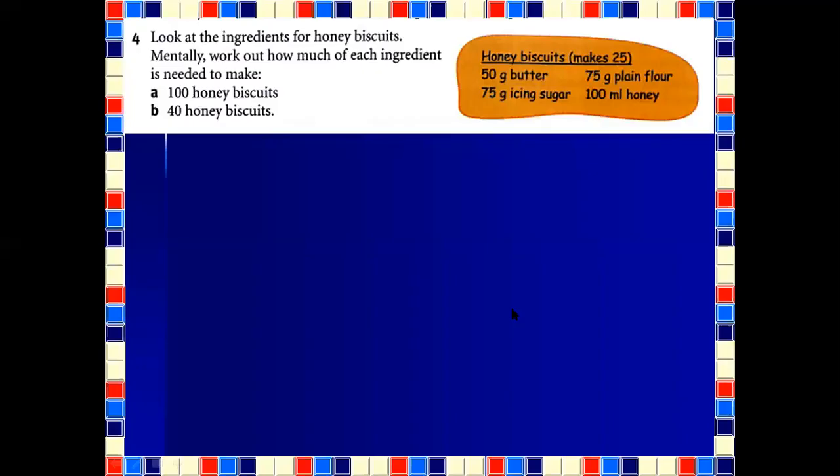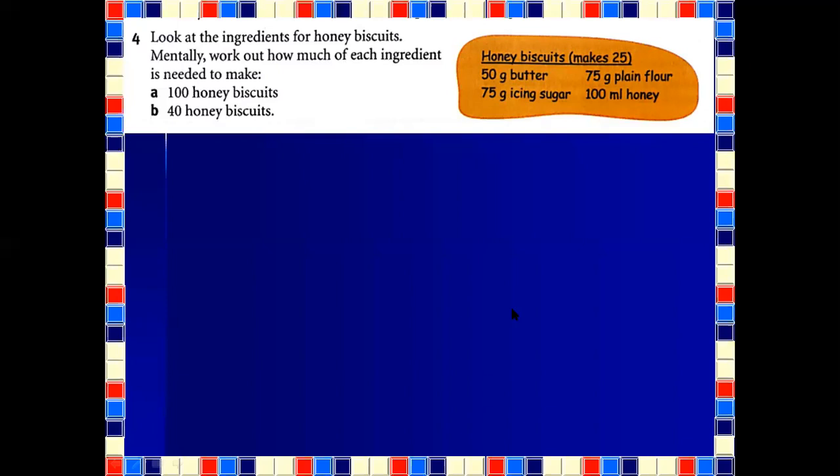Go ahead. Question 4. Look at the ingredients for honey biscuits. Mentally work out how much of each ingredient is needed to make A. 100 honey biscuits. Now look at the table. 50 grams of butter is the ingredient to make 25, right?